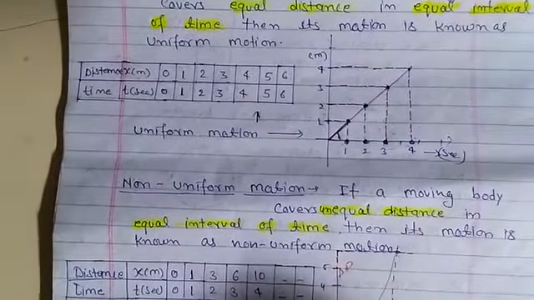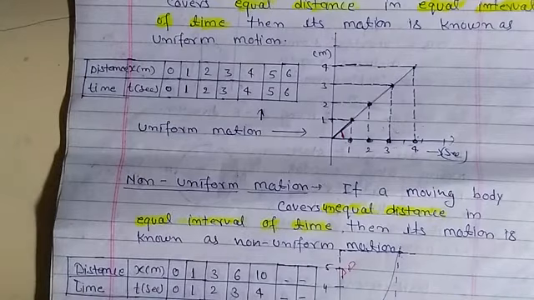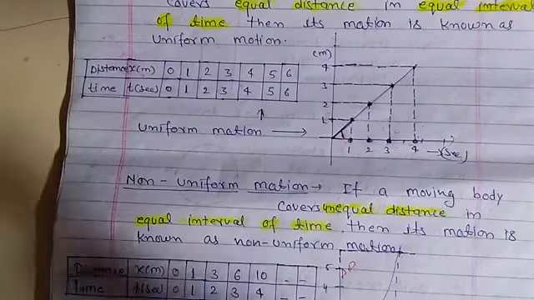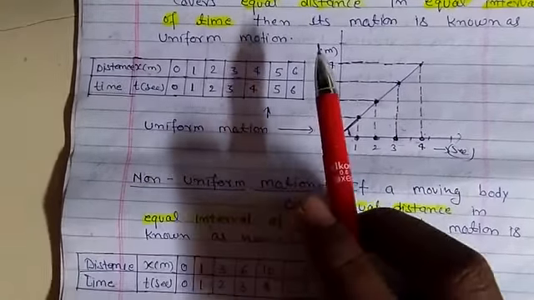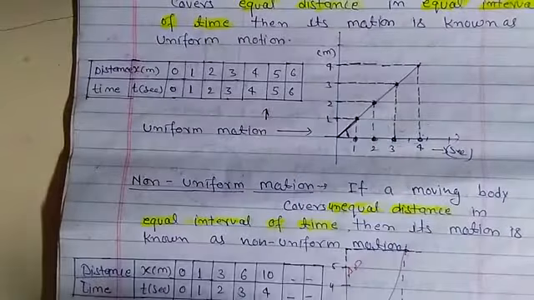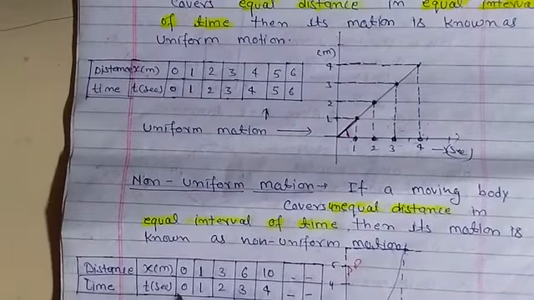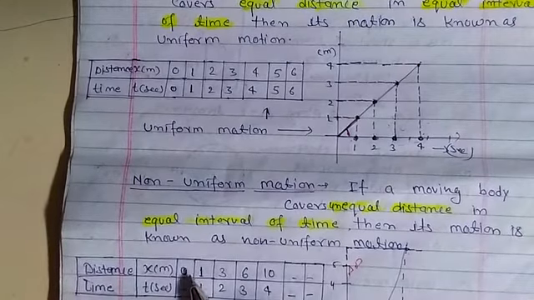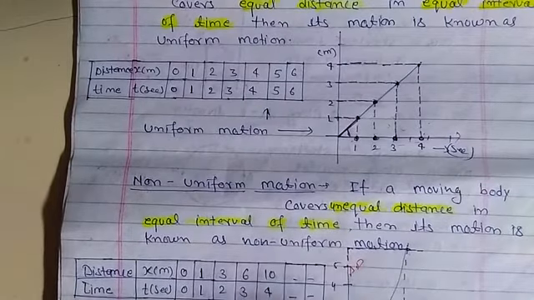In another video we will describe how we can plot the graph between different quantities. That will be a special video for graphs, but here for uniform motion and non-uniform motion, this will be the graph. And note that if per second the distance is increasing, the graph goes along this.